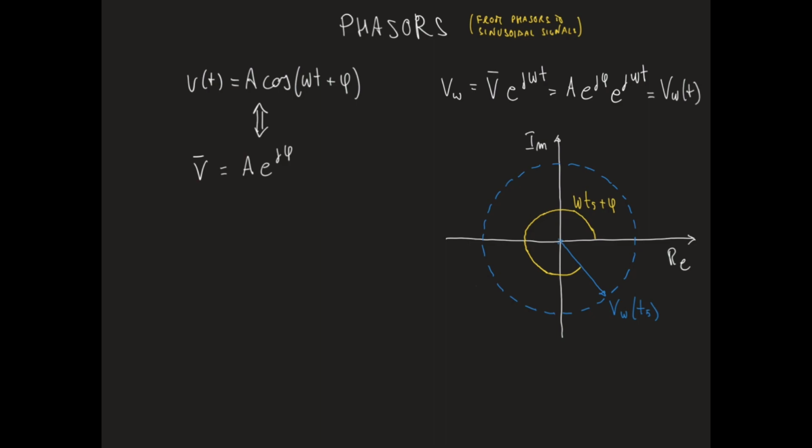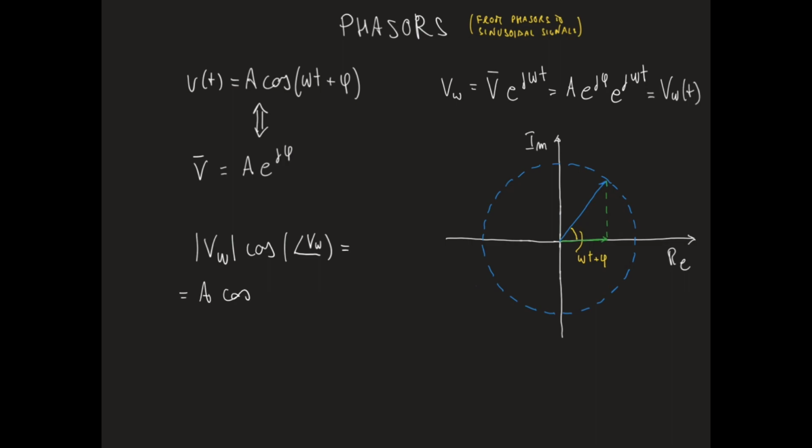The projection of this vector on the real axis is given by the length of the vector, so the modulus of V sub omega, times the cosine of the angle formed by the vector with the real axis, so times the cosine of the phase of V sub omega. This is equal to A times the cosine of omega t plus phi, which is exactly the signal v of t.